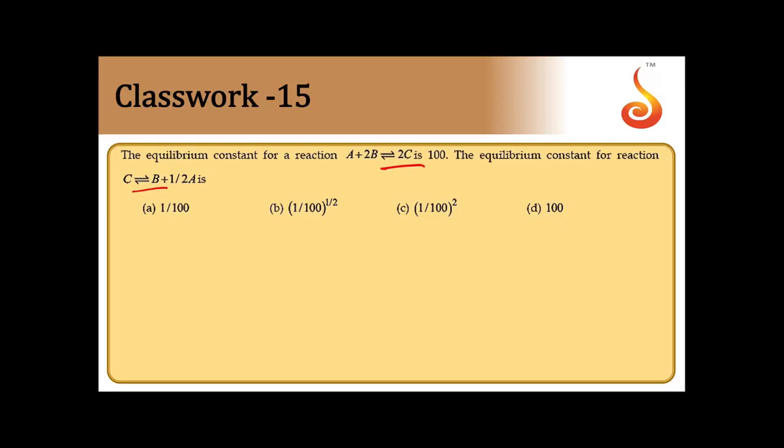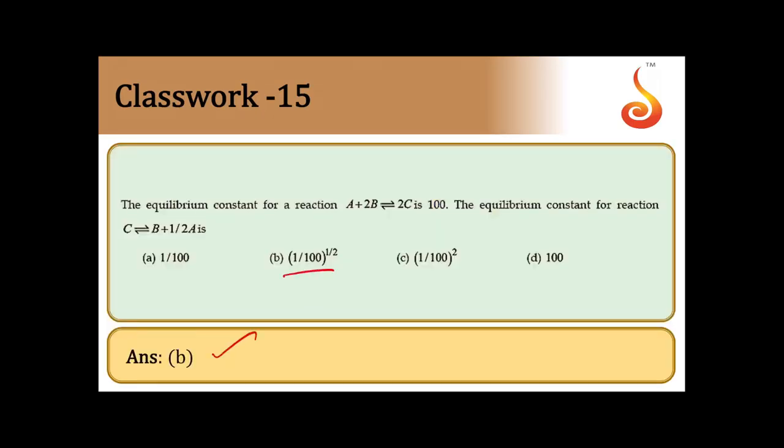So the new equilibrium constant will be the inverse of the first, and a root will come because we are dividing throughout by 2. Therefore the new equilibrium constant K' will be equal to 1 by root of K, which is 1 by root of 100. So 1 by root of 100 is option B here.